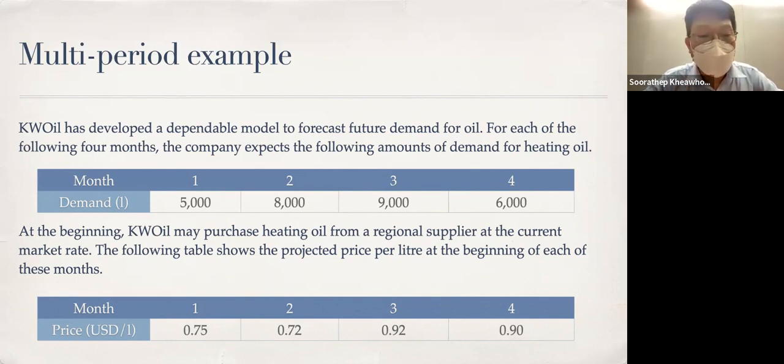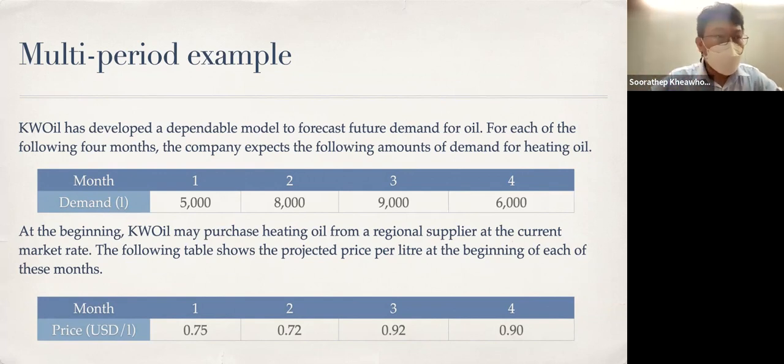For each of the following 4 months, the company expects the following amounts of demand for heating oil. By using the model, they forecast that the first month the demand is 5,000 liters, and the second month demand becomes 8,000 liters, and then 9,000 and 6,000 liters for the subsequent months.